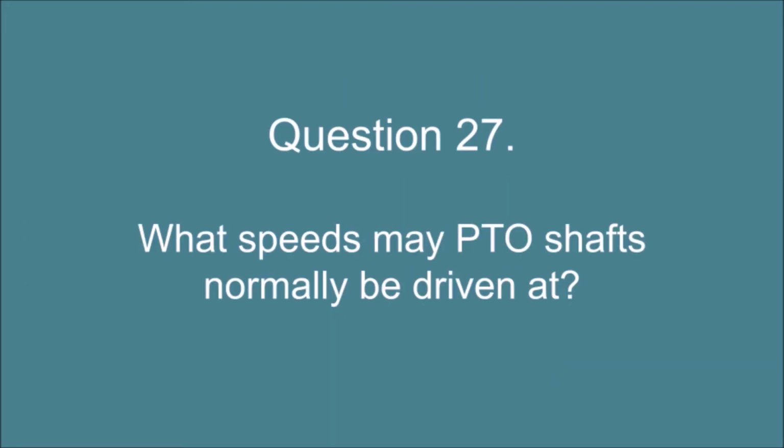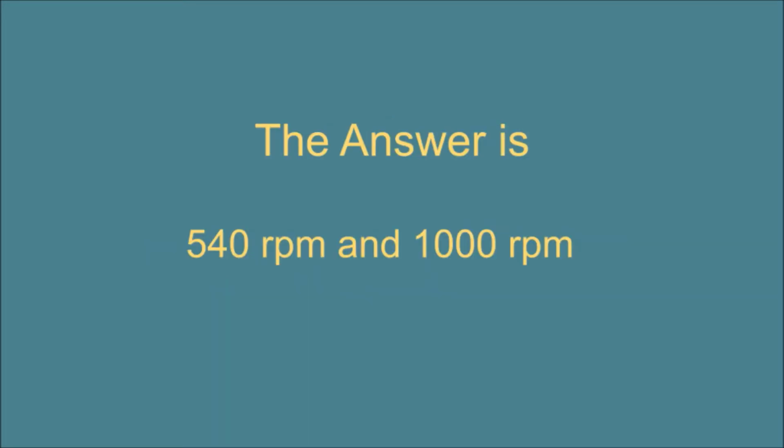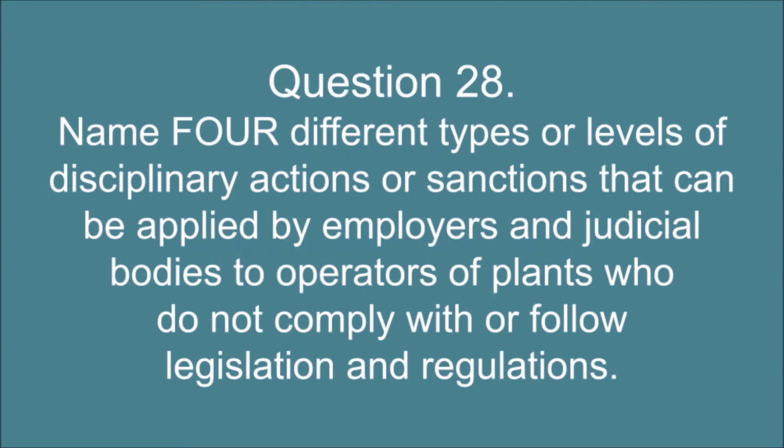Question 27. What speeds may PTO shafts normally be driven at? The answer is 540 rpm and 1000 rpm. Question 28. Name 4 different types or levels of disciplinary actions or sanctions that can be applied, by employers and judicial bodies, to operators of plants who do not comply with or follow legislation and regulations.